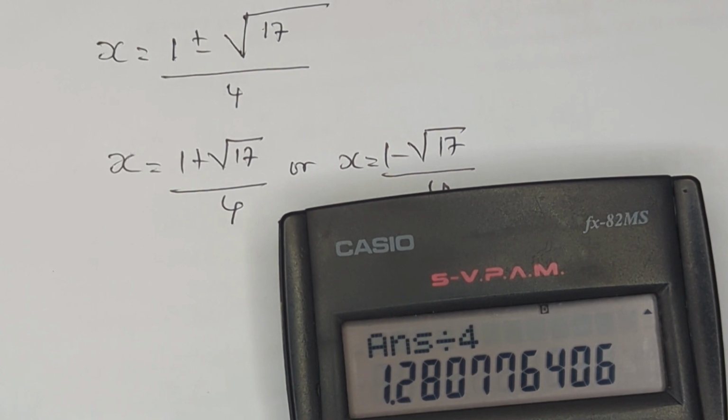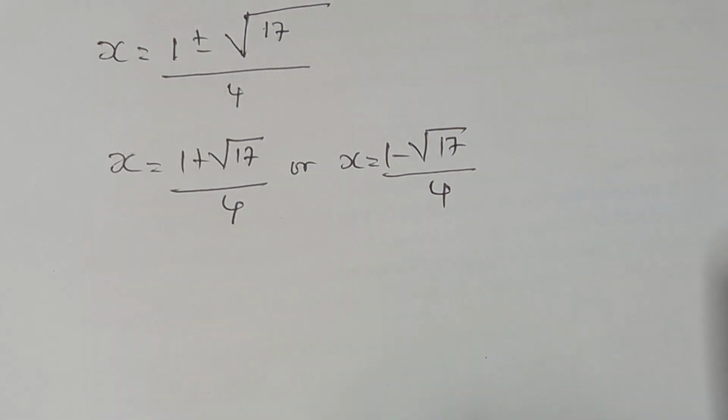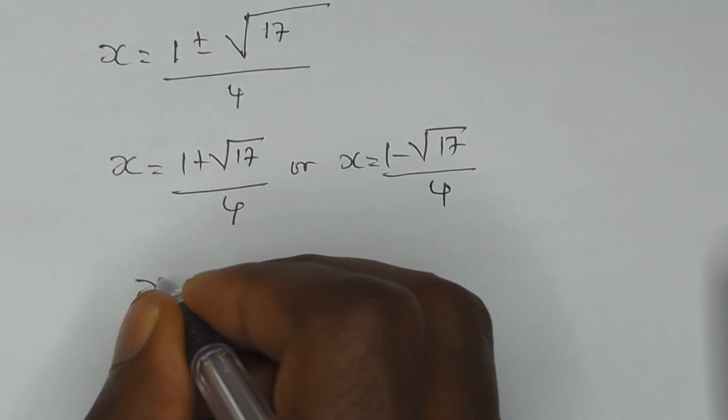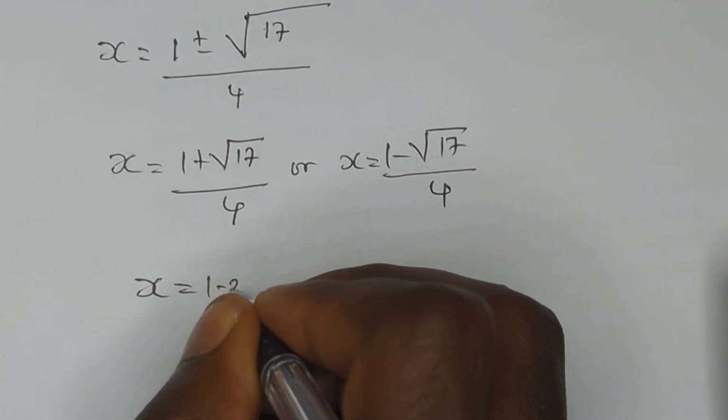This is 1.28. So the question is demanding us to write the final answer to 2 decimal places. So after this point, we are going to get 2 figures. So this will be 1.28. x therefore is equal to 1.28.